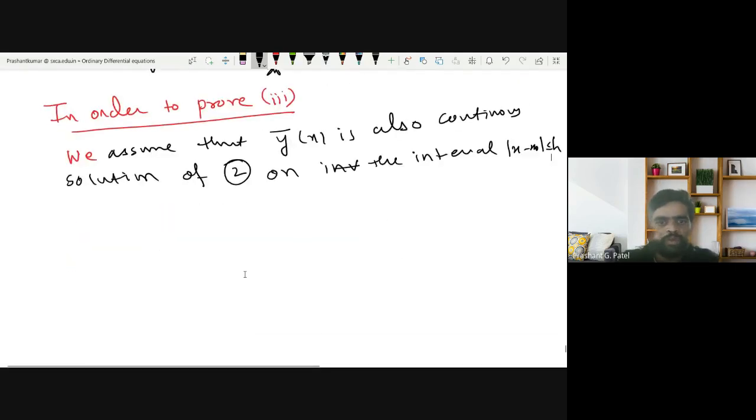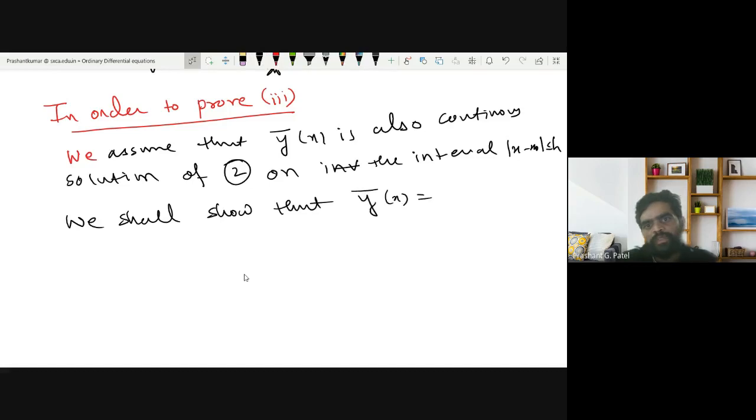What is our objective? We will show that y bar of x is the same as y of x for every x in that interval. For every x in that interval, we have to prove that both y bar and y are the same.